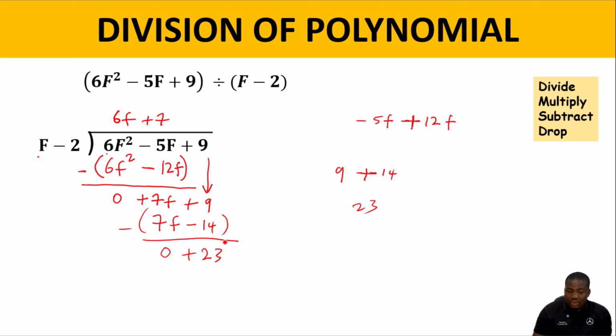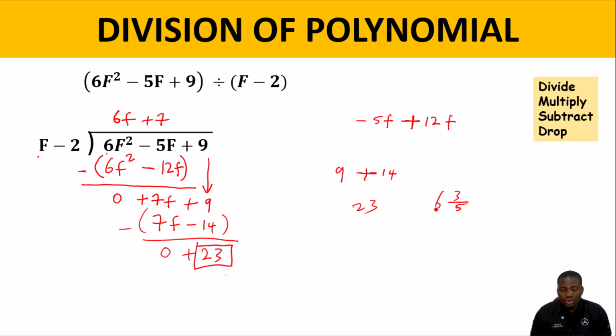Now, when we have just a constant and there is no variable like f, like k, like whatever, we express it as a fraction. Just like when we do long division and we have 6, then we have 3 here, we say 3 remainder, whatever our divisor is, let's say 5.